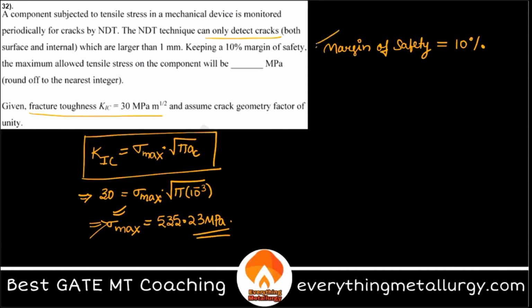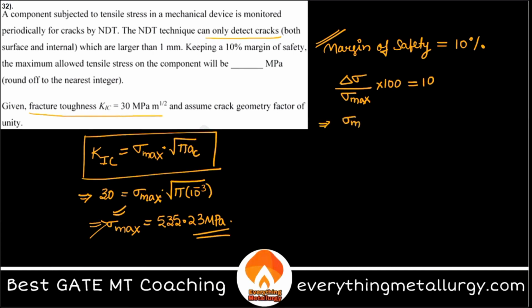But here they gave something called margin of safety. So what is margin of safety? Margin of safety is delta sigma by sigma max into 100 equal to 10, right? So what is delta sigma again?